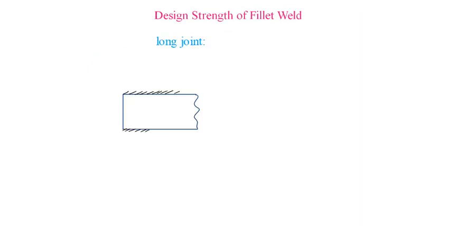And for long joints there is a reduction for the design strength of weld when long joint, that is LJ, is greater than 150 times the throat thickness.